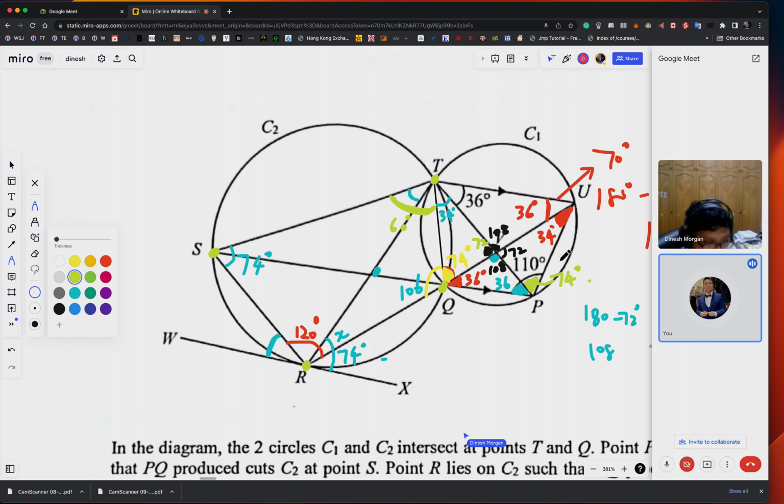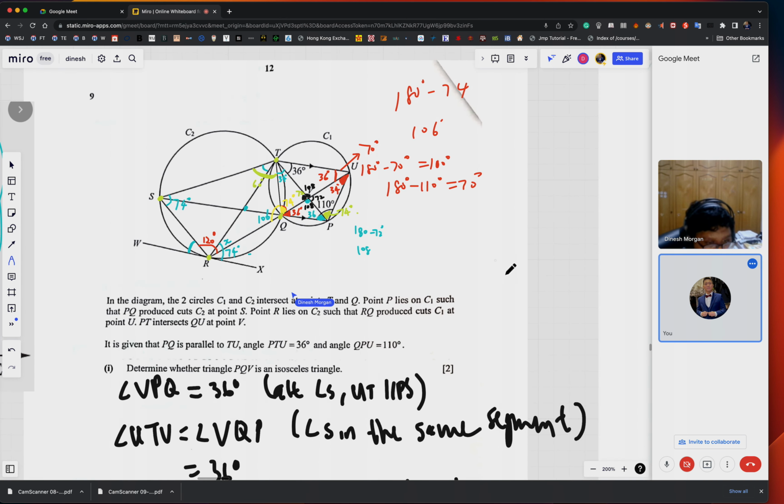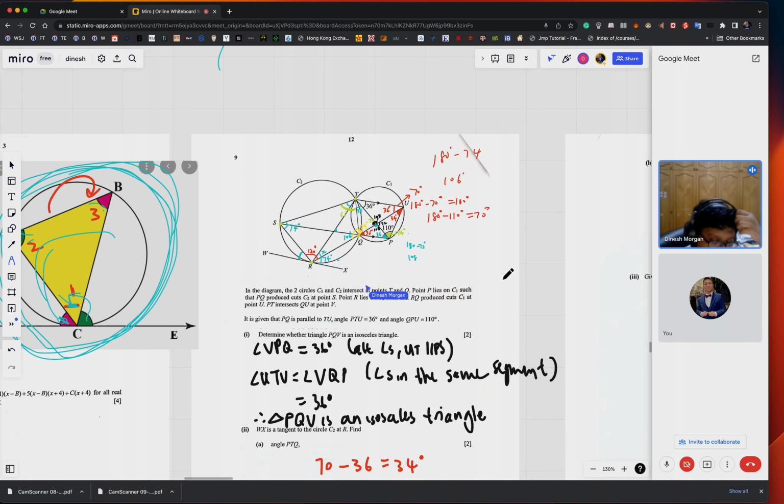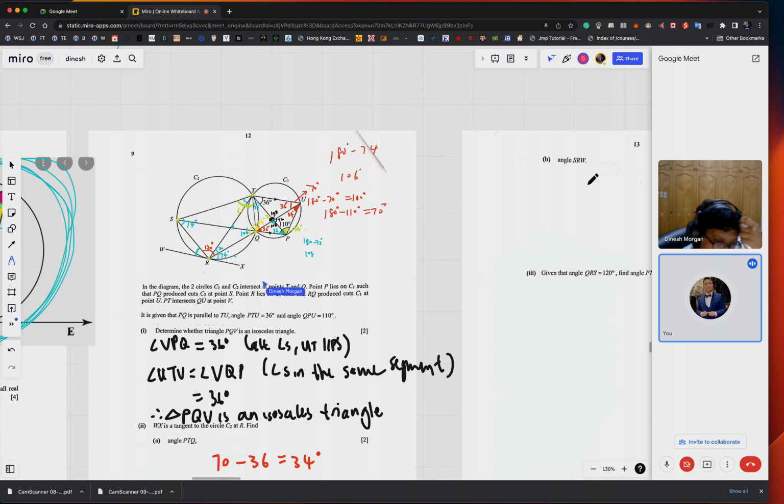What else can we find? Did we make full use of all the angles already? We're not supposed to use the 120. Where are we stuck, like SRW? SRW is this one.